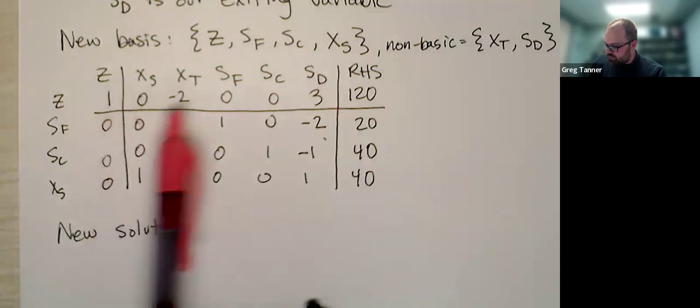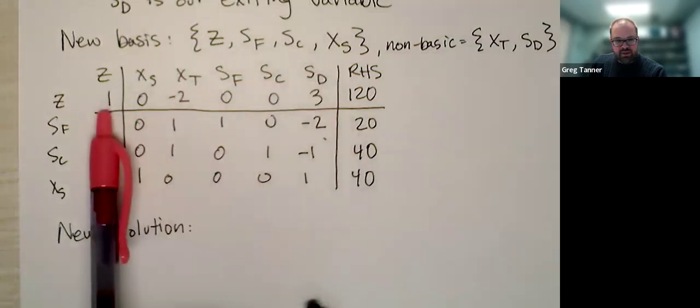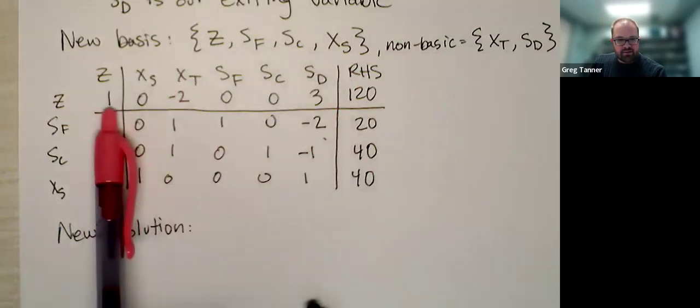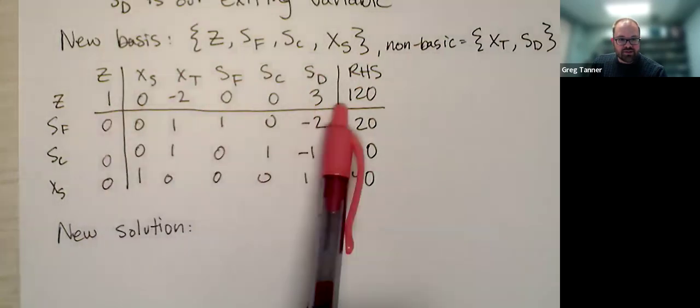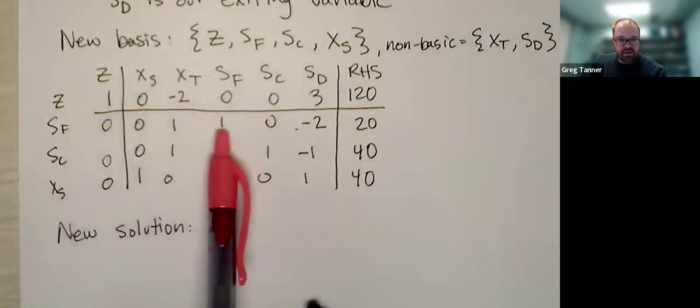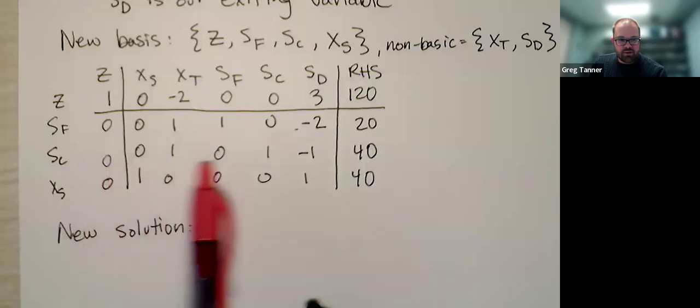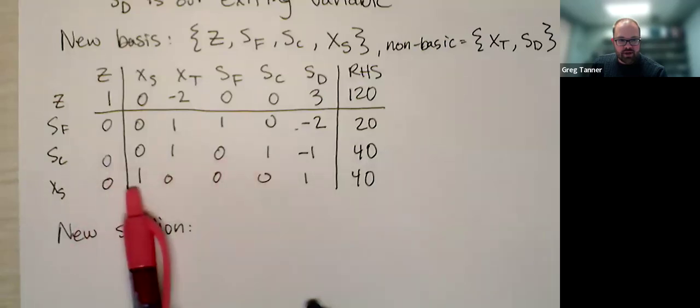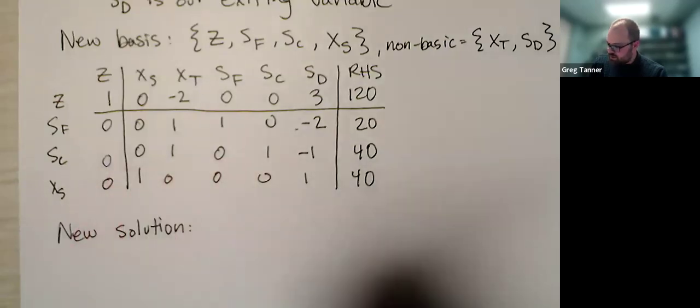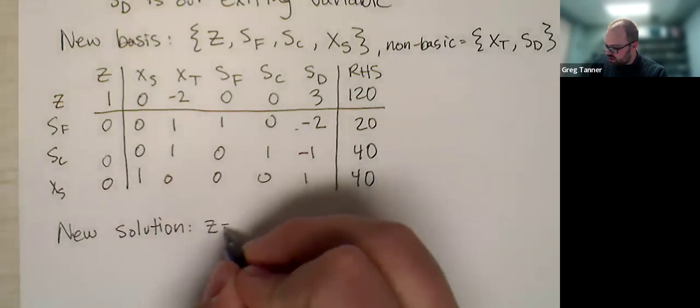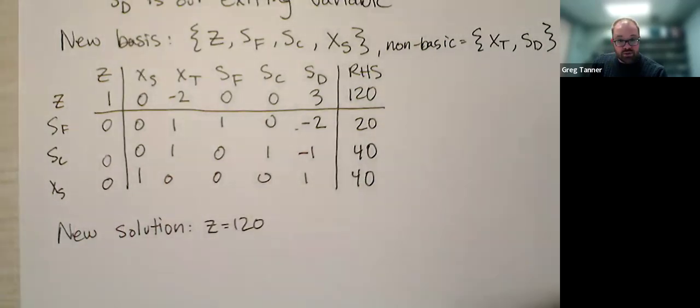Then the only things that have a coefficient in the first row is Z, in the second row SF, in the third row SC, and in the last row XS. And so the new solution is Z, our objective value, has now increased to 120.